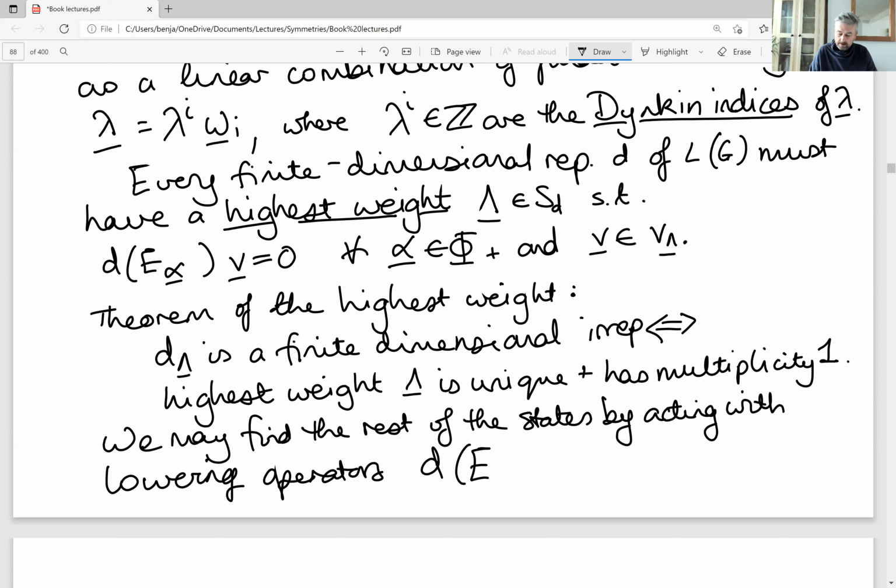These are representations of E minus alpha i, where the alpha i are still in the positive root set, and we act on this highest weight state.